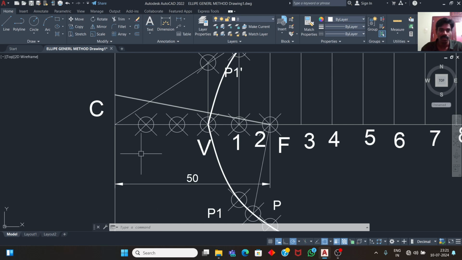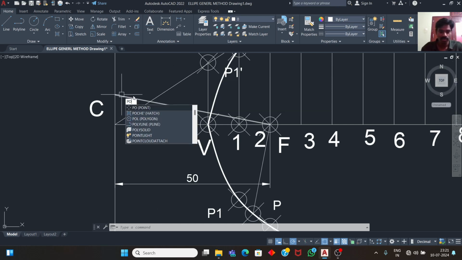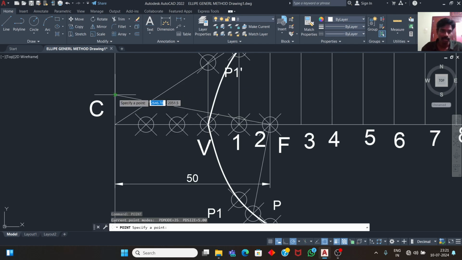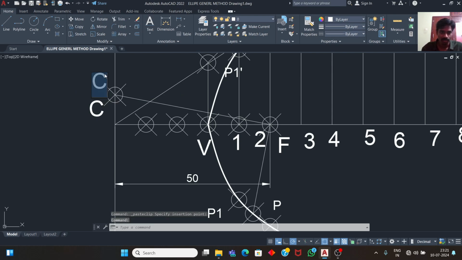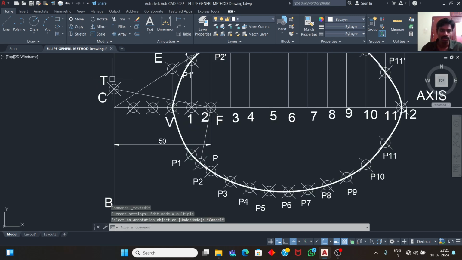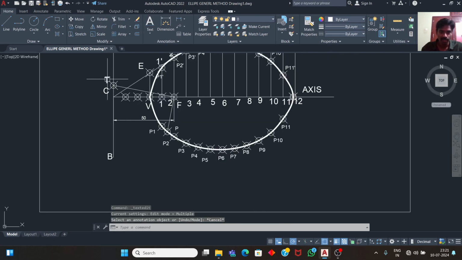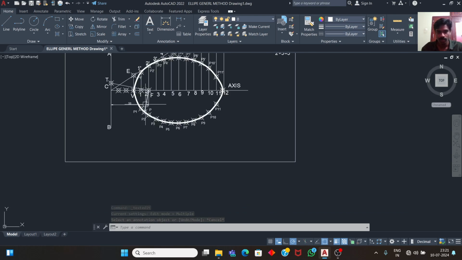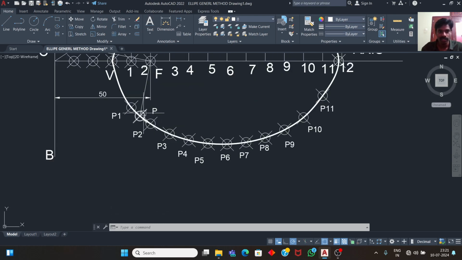From the focus line, this point we can call T. It's the point T.